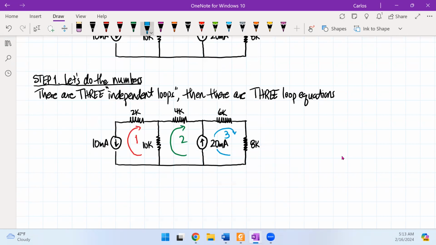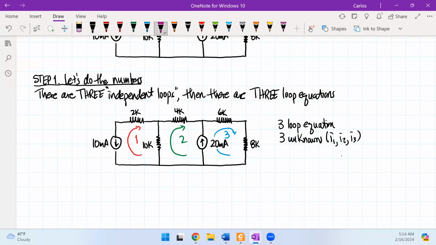If I do the numbers, we should then have 3 loop equations and 3 unknowns. In this case, we would call them I1, I2, and I3.